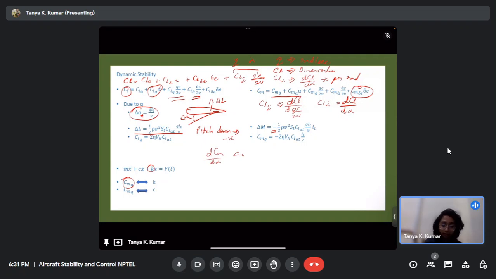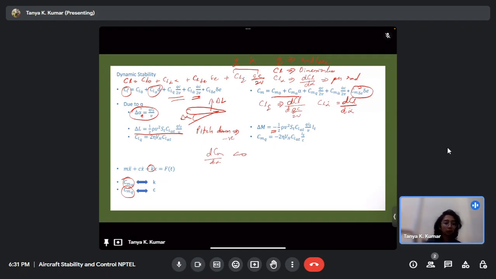Next derivative is your CMQ, which is related to your damping coefficient. CMQ comes into play when dynamic stability comes, that is when the aspect of time comes. So over time, will the body attain equilibrium? Will it come back to equilibrium? Will it go away from equilibrium? Or will it attain a new point as equilibrium?